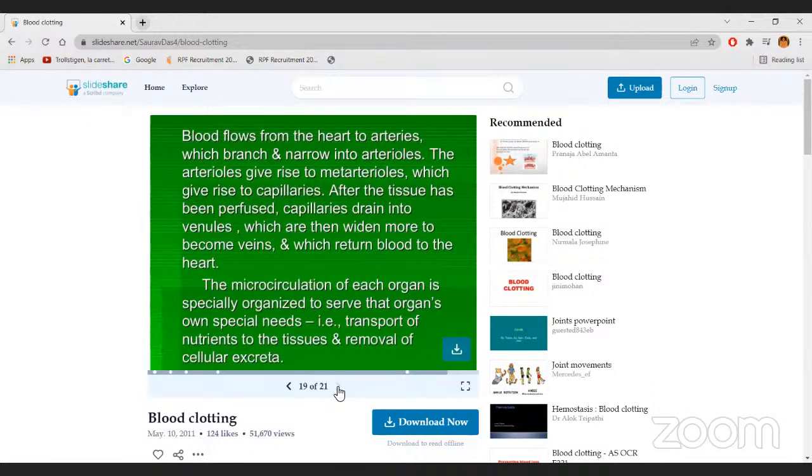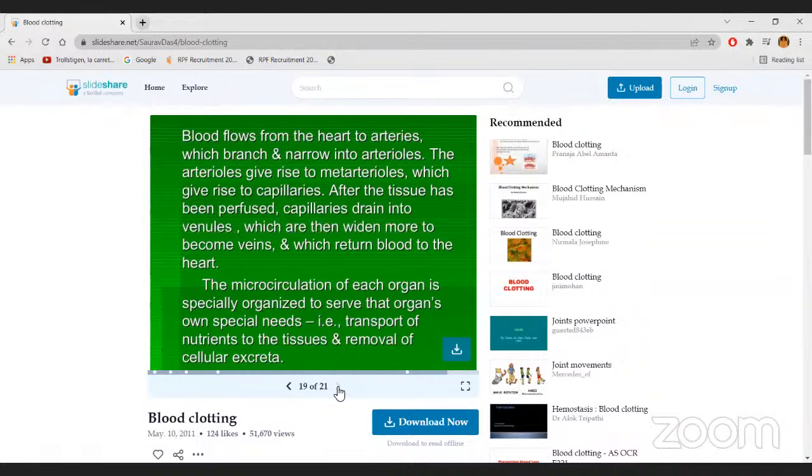The blood flows from the heart to arteries, which branch and narrow into arterioles. The arterioles give rise to metarterioles, which give rise to capillaries. After the tissues have been perfused, capillaries drain into venules, which then widen and become veins, which return blood to the heart.